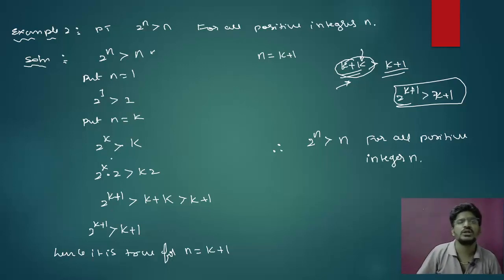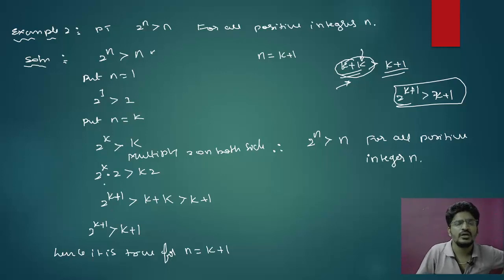So that's why, for 2 to the power of k, I will multiply 2 on both sides. If you multiply 2 on both sides, what will happen? 2 to the power of k into 2, so this will be 2 to the power of k plus 1. 2k can be written as k plus k.